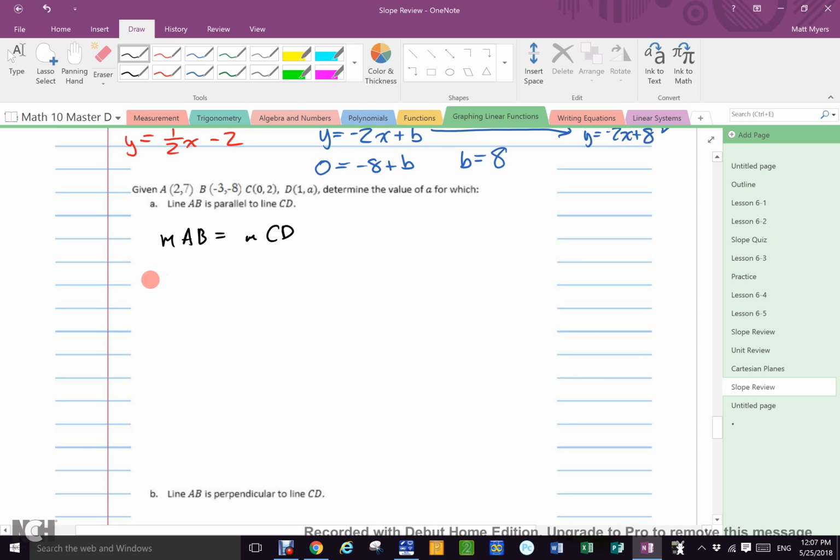So that would be -8 minus 7 over -3 minus 2, which would be -15 over -5, which would be 15 over 5, which would be 3 over 1. Agreed? So if they are parallel, CD must equal 3 over 1, right? What is CD?